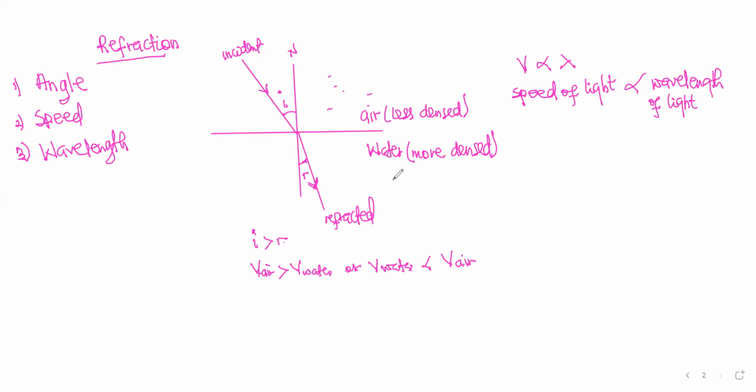If speed is less in the more dense medium, wavelength would also be less in the more dense medium. In fact, whenever two quantities are said to be directly proportional, it means that an increase in one quantity also results in an increase in the other. So if speed is increasing in another medium, wavelength would also increase. And if speed is decreasing, wavelength would also decrease.